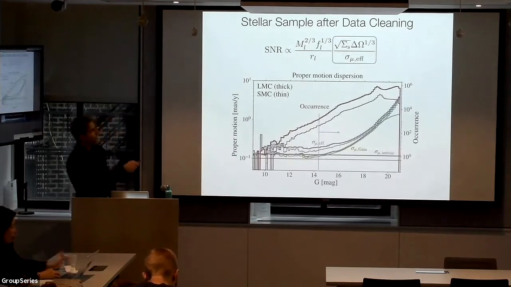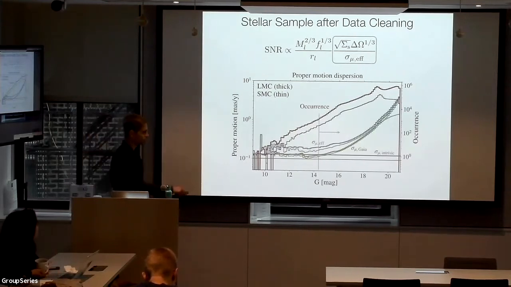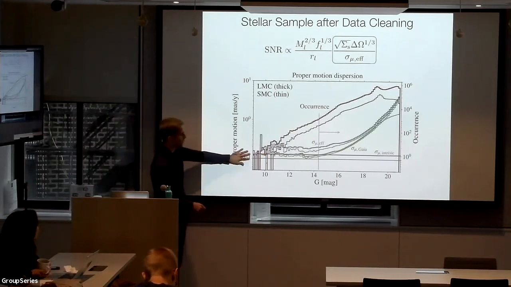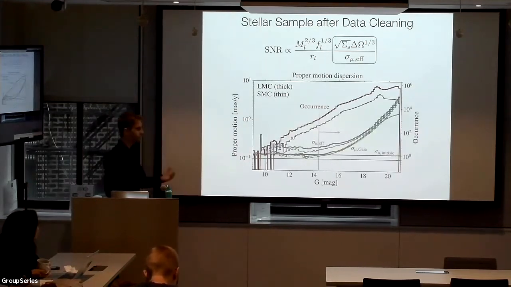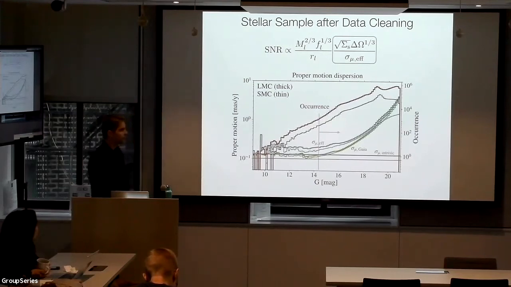So after that data cleaning procedure, this is what the actual data looks like in terms of proper motion dispersion as a function of magnitude. So the gray are the typical physical proper motion dispersions, about 100 microarcseconds per year. Green is what Gaia reports the uncertainty as on the proper motion.